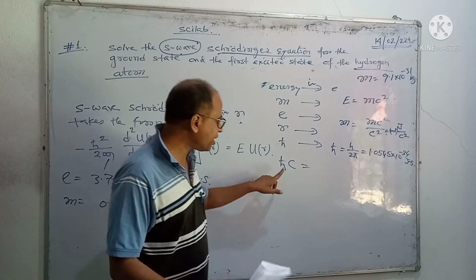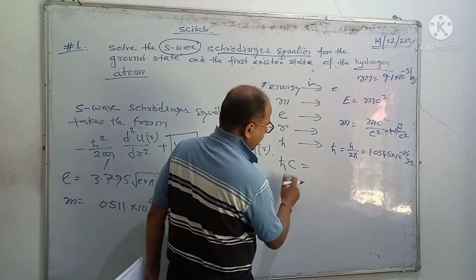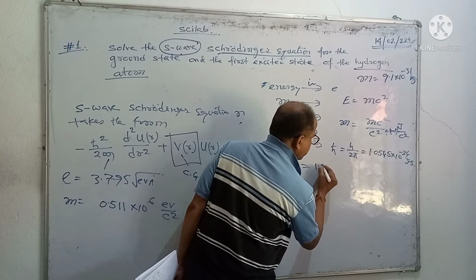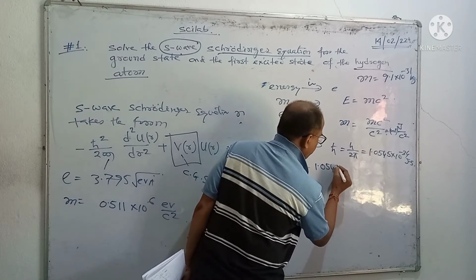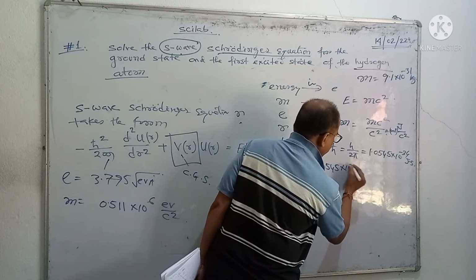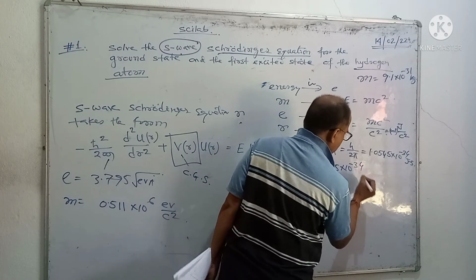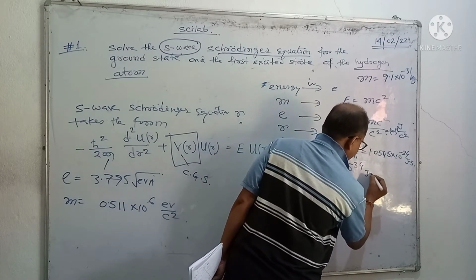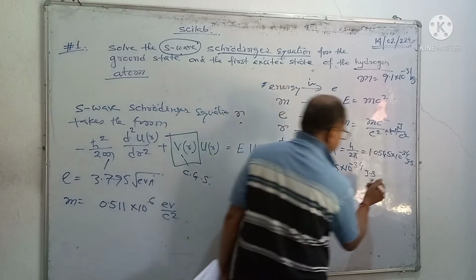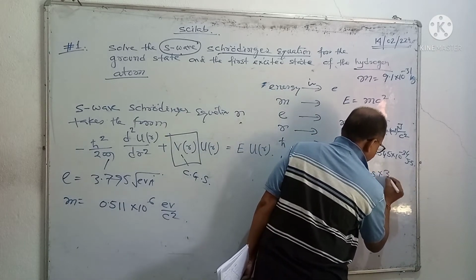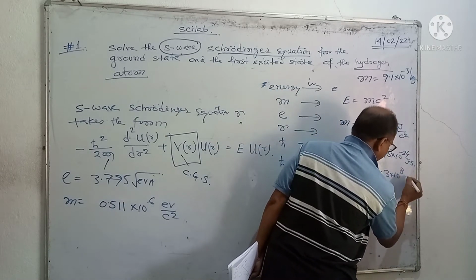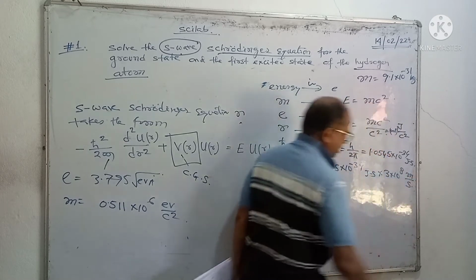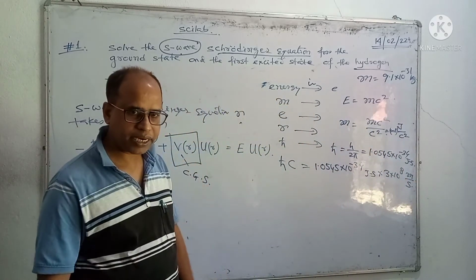I will express that. Now see, ħc is equal to 1.0545 into 10 to the power minus 34 joule second into c. c means 3 into 10 to the power 8 meter per second.